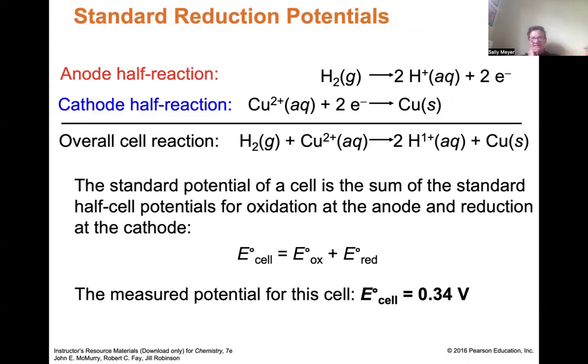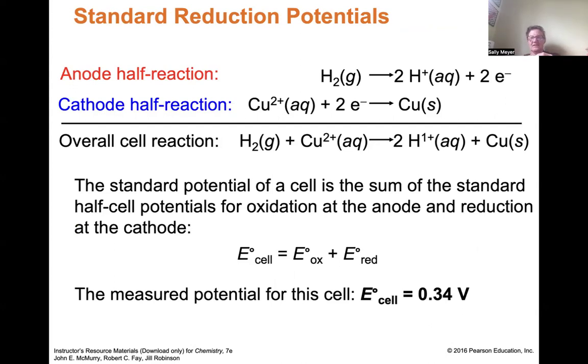So how did we get a standard reduction potential? So we want to think about the 2 processes. So if we have this process where the overall reaction is hydrogen gas reacting with copper 2+, making it into the protons, H+, and copper solid, then I want to pull that apart, get my half reactions.